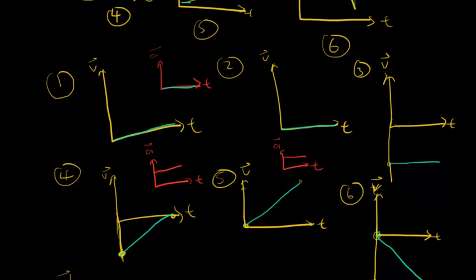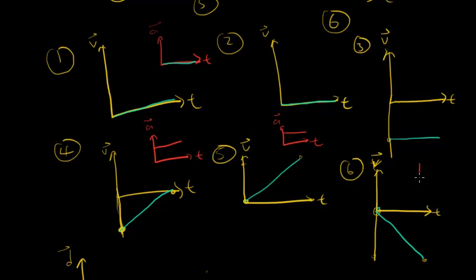How about this one? It is negative now and somewhat steep. So let's draw the graph like that. I'm going to use blue actually. So it's like that, and like that. Okay, and that's it.